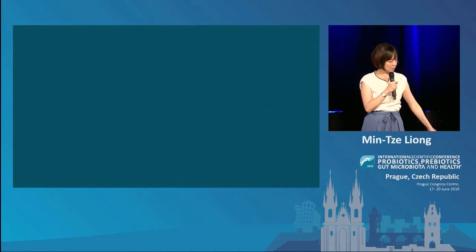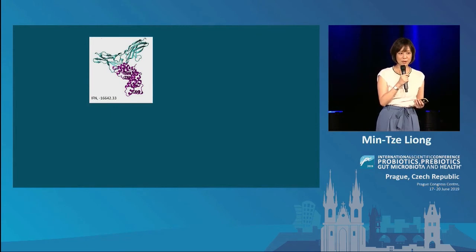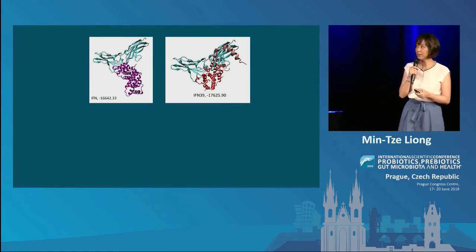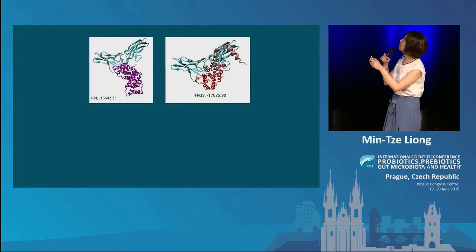This is our cartoon. This is IFN gamma docking to its own receptor. It yielded an energy of negative 16,000. Then, we have IFN 39, a known inhibitor, in this color.